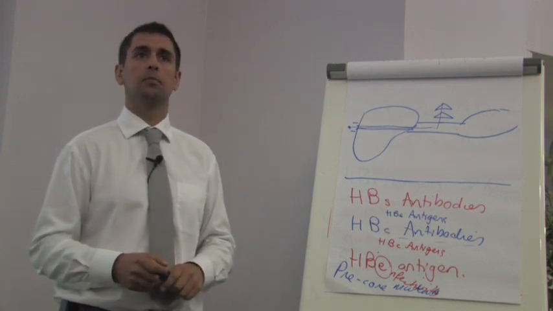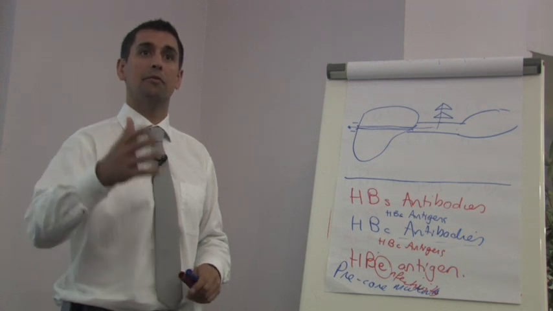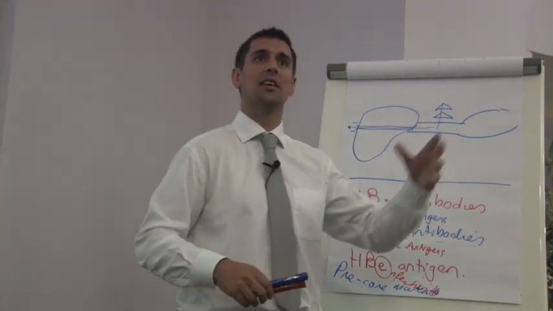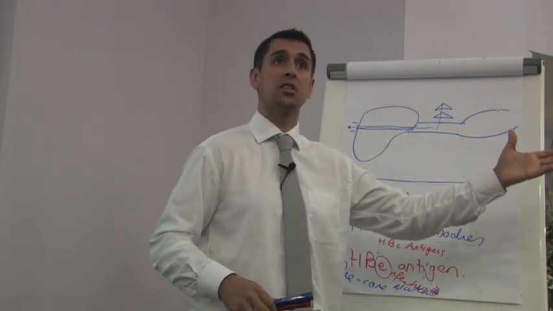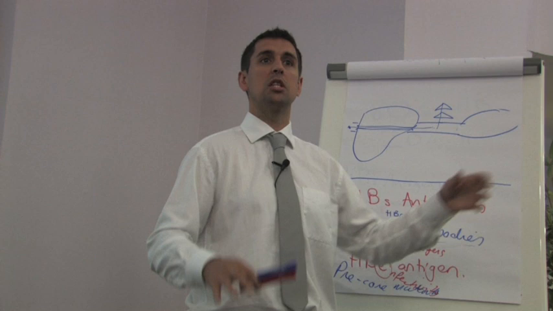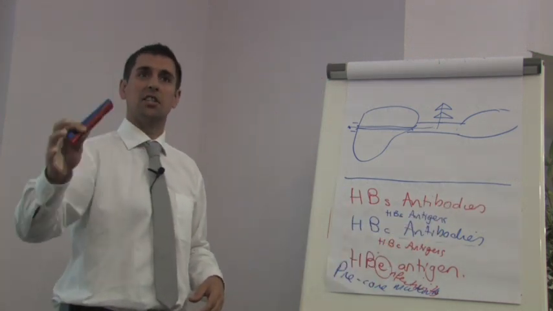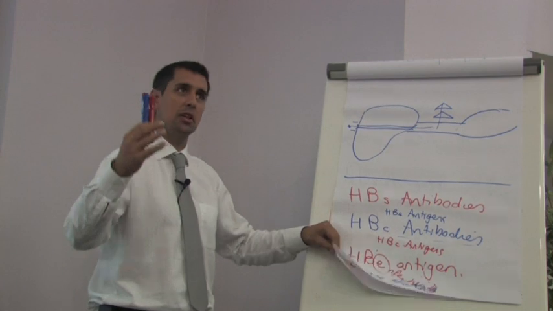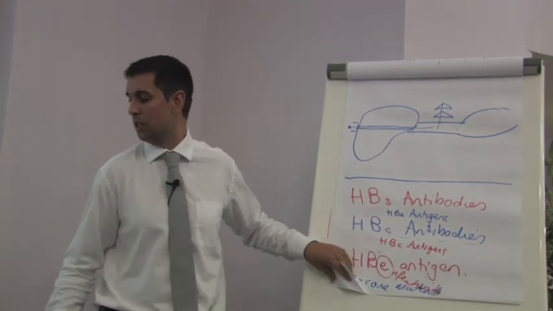No, they're immune, and they've got antibodies towards that envelope antigen that used to be there. So they were highly infectious at one point. They've now got antibodies, but it mentions nothing about hepatitis B envelope antigens. So again, it feels as though I'm laboring the point, but trust me, it's such an easy trap to fall into.